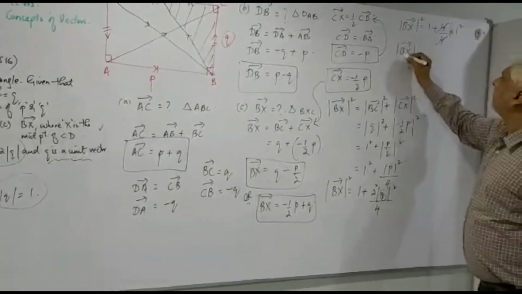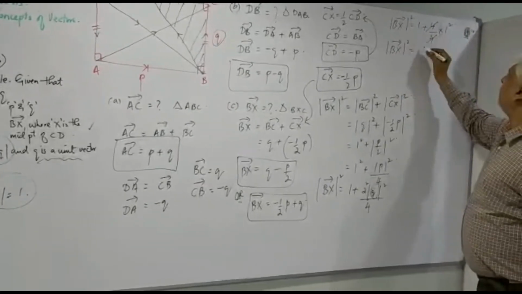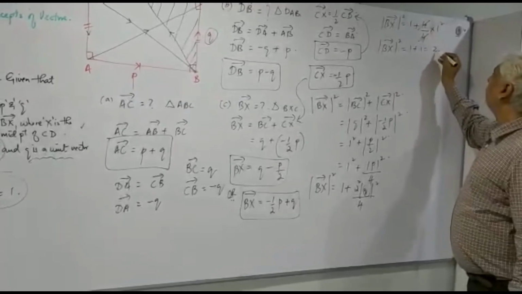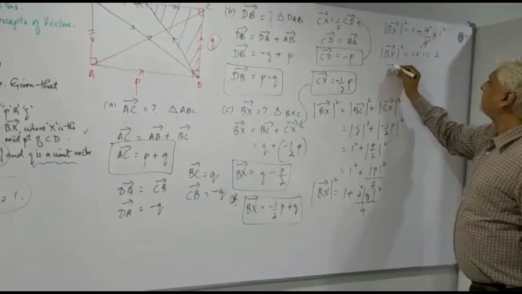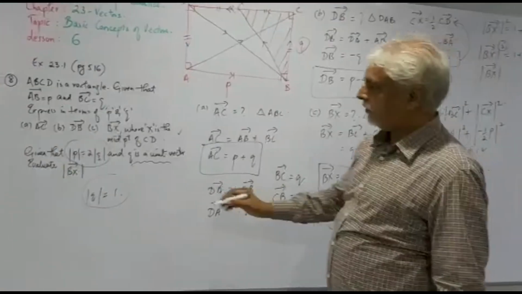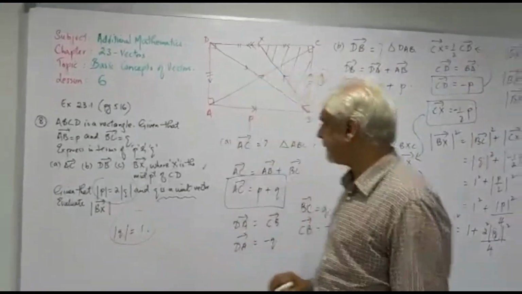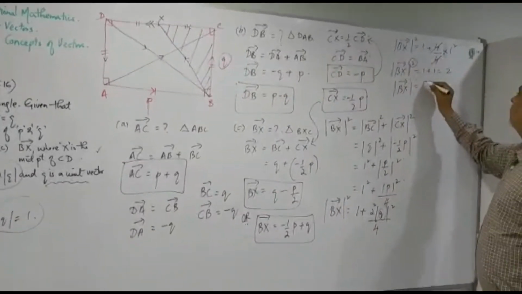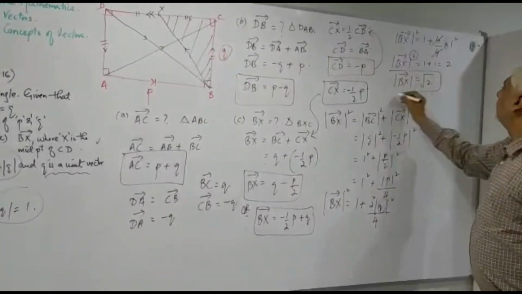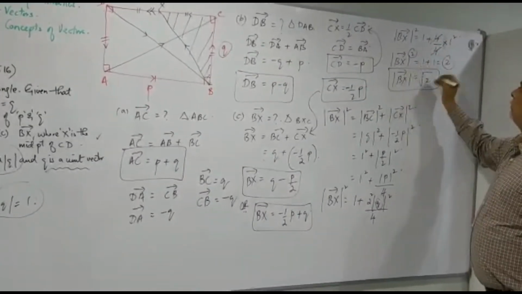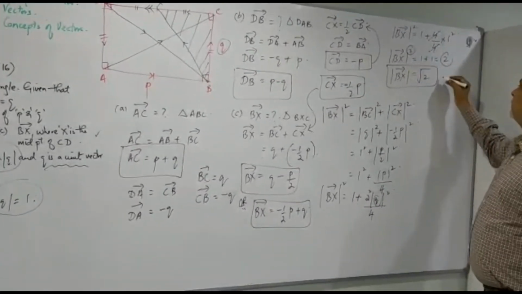Bx whole square is equal to 1 plus 1, and 1 plus 1 would give you 2. So you need to find the modulus of Bx. You need to get rid of the square, so when you remove this, put root 2 over here. Because the square is over here, when you remove the square, you put the radical sign.